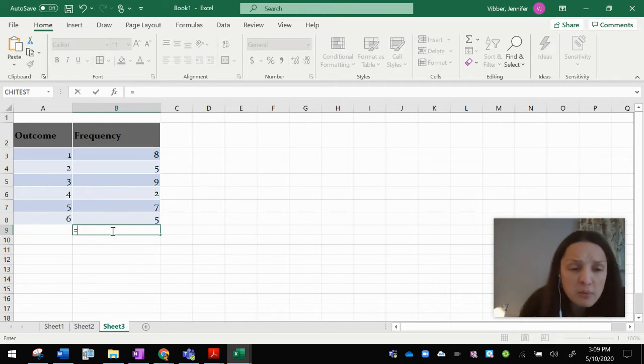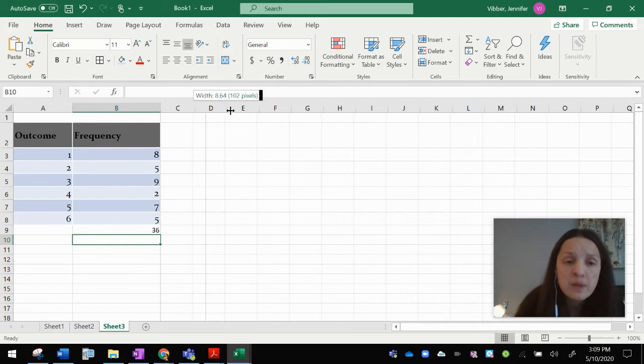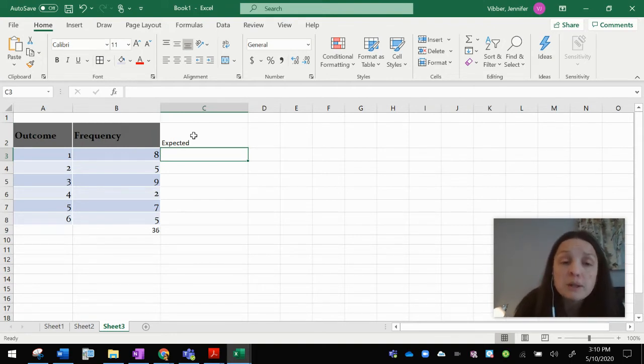So the first thing I'm going to do is find the sum of all these frequencies to figure out how many times I rolled the die. Okay, so I rolled the die 36 times. I am going to create a new column called expected, and this is going to be my expected frequencies based on probability alone.